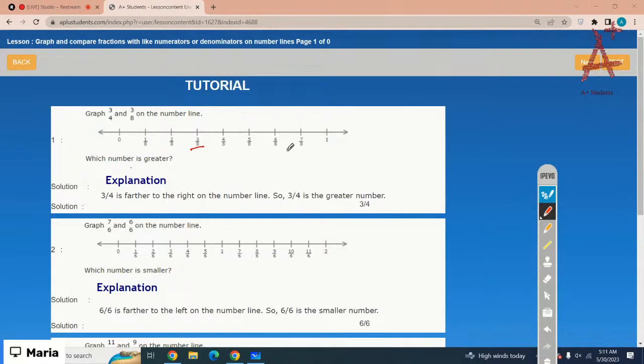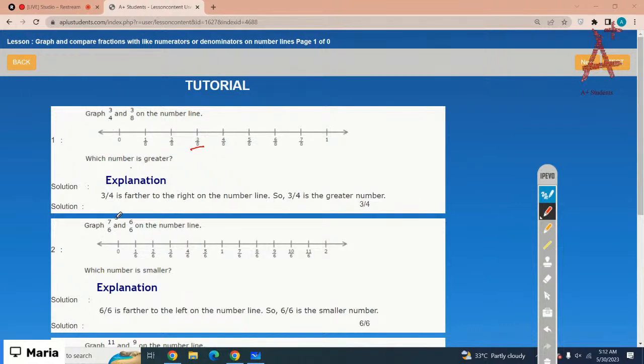And here you have... Okay, there is something wrong with this question.